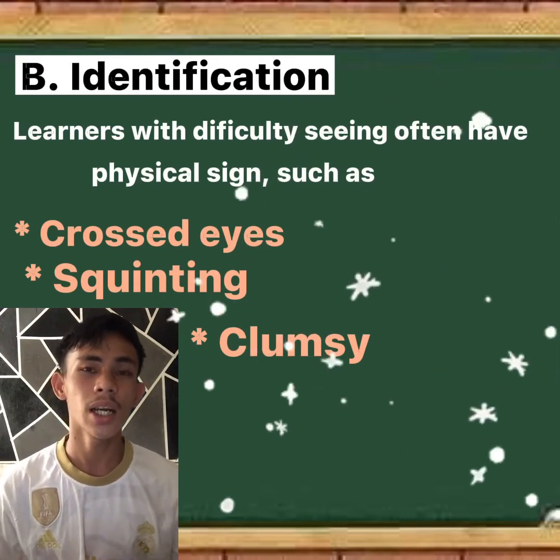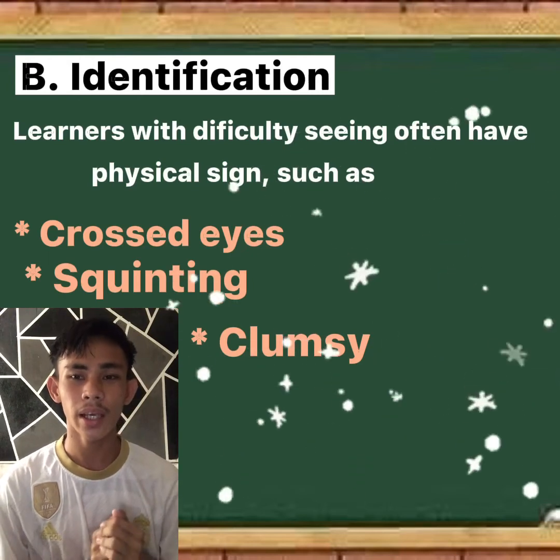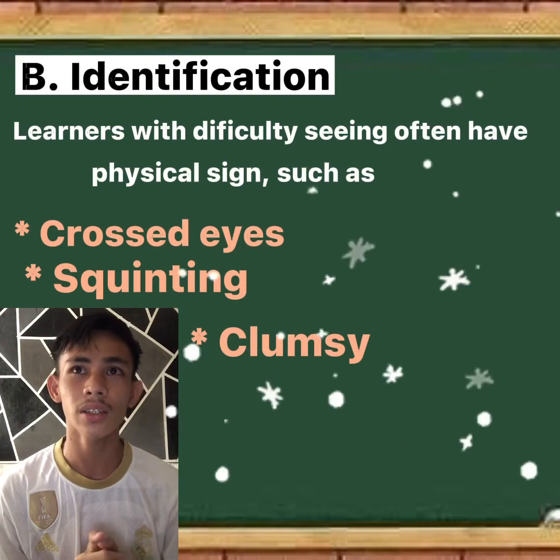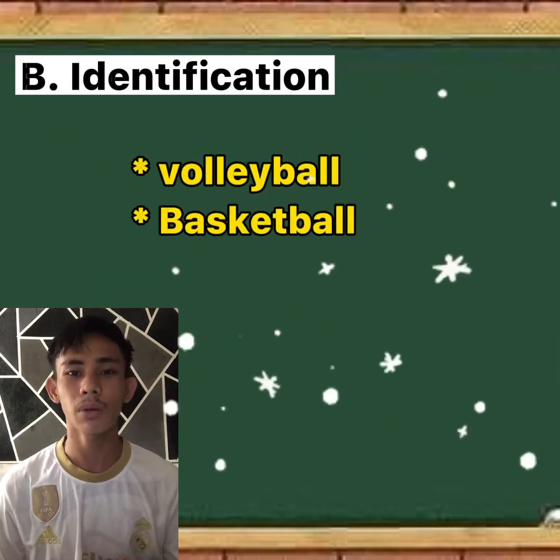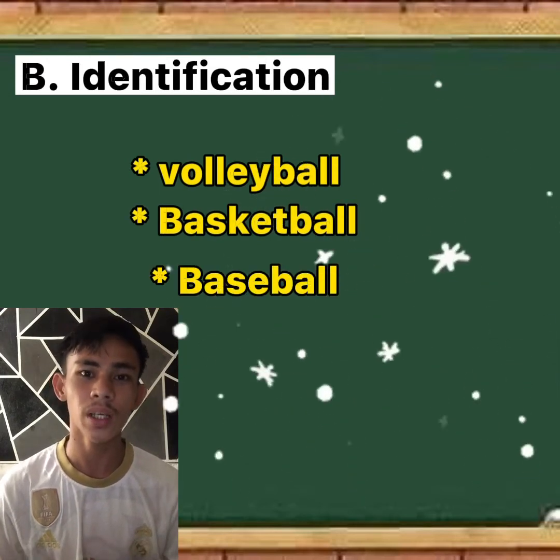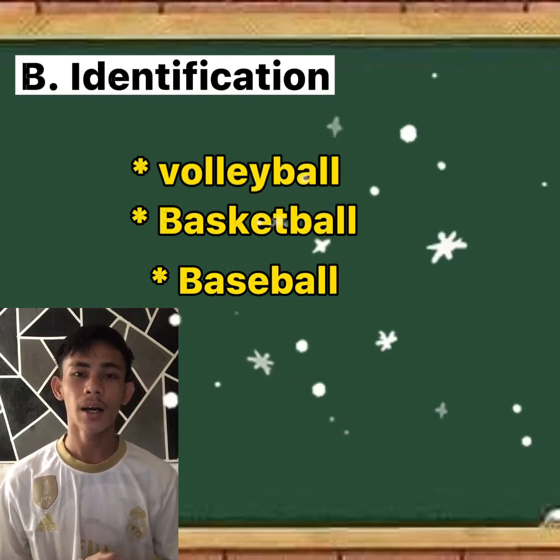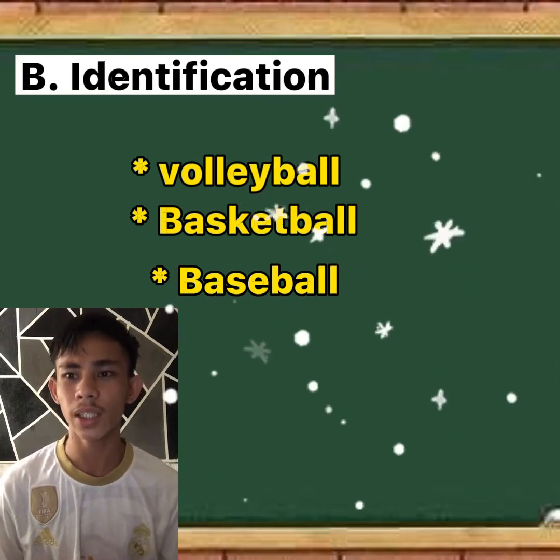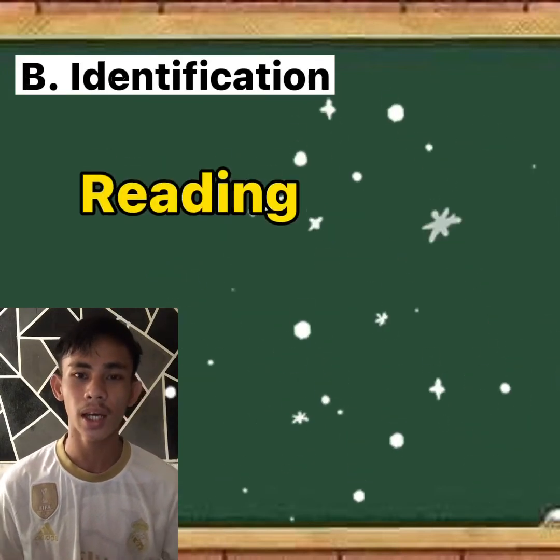So another identification of a person with difficulty seeing is when they cannot perform sports activities like volleyball, basketball, and baseball. Another identification is poor academic performance, as this student might have difficulty reading as well as writing.